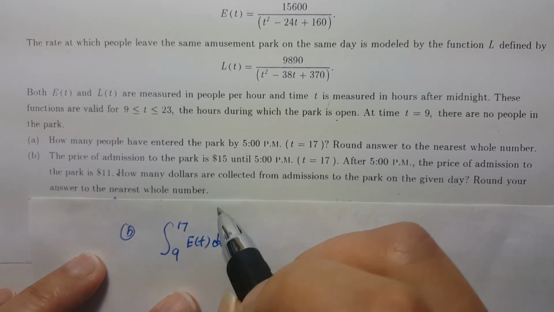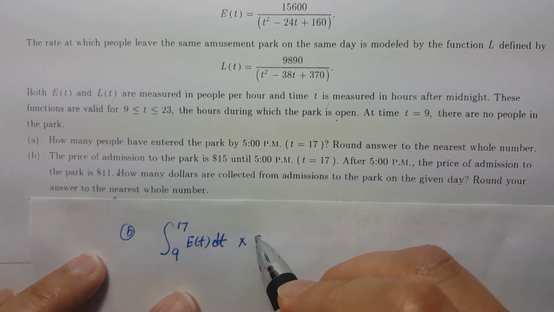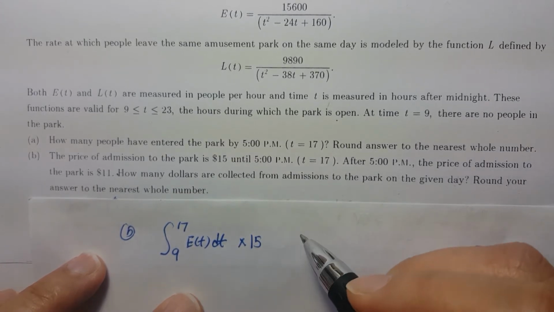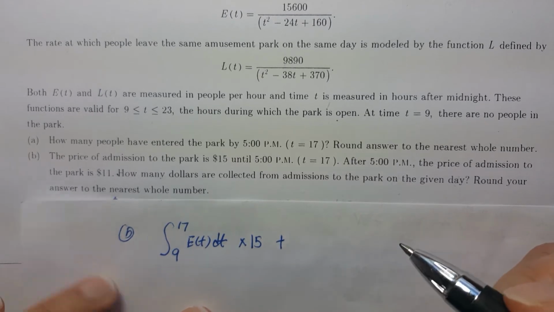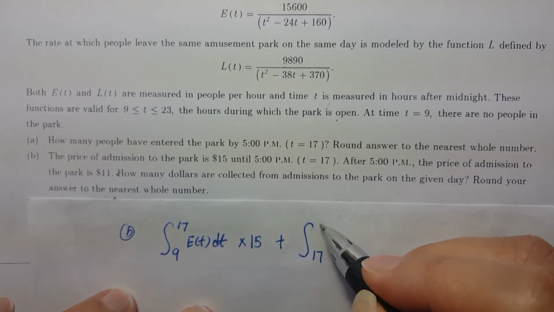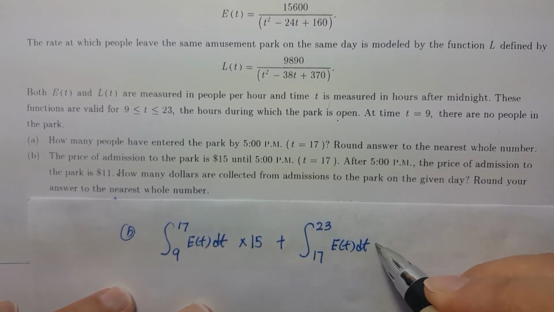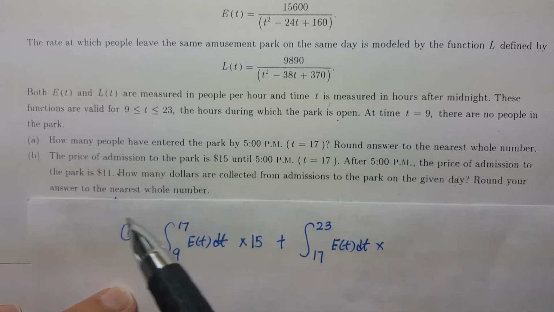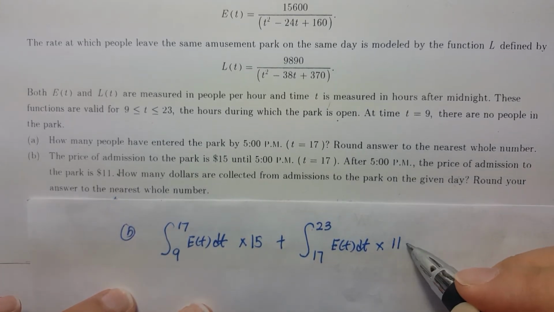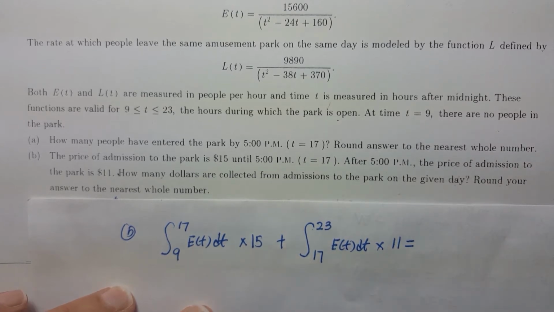This will be the number of people who enter the park until 5 p.m., and then times the 15. Plus the integral from 17 to the end of the day, 23, of E of t dt, and then times the amount, which will be $11. So now we are going to enter this whole thing in our calculator.